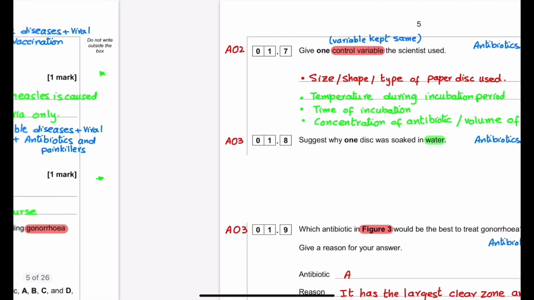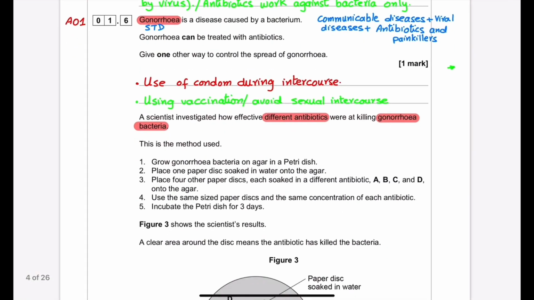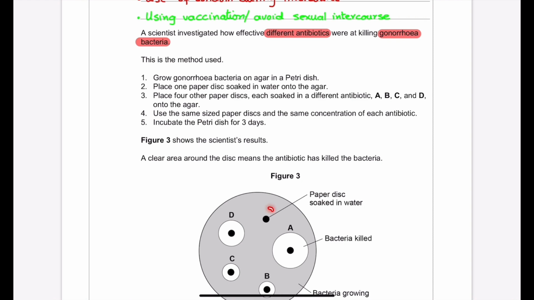If you go back here in our diagram, figure number 3, this paper disc is soaked in water and there is no clear area or clear zone around it. So the objective is to see the clear impact of antibiotics on the growth of the bacteria. Or the other option can be used: to ensure water does not have any effect on the growth of bacteria.